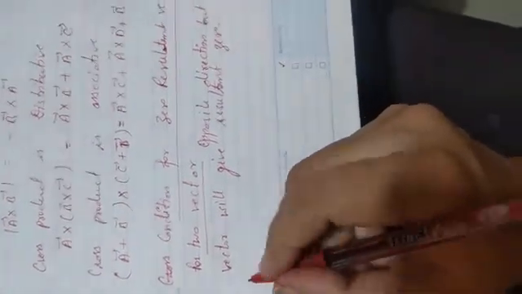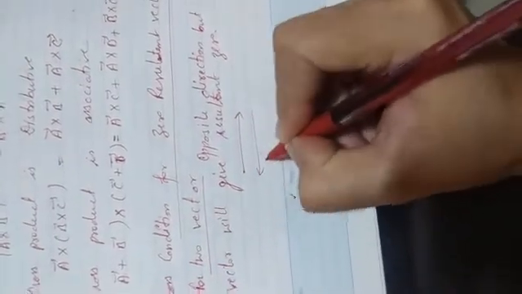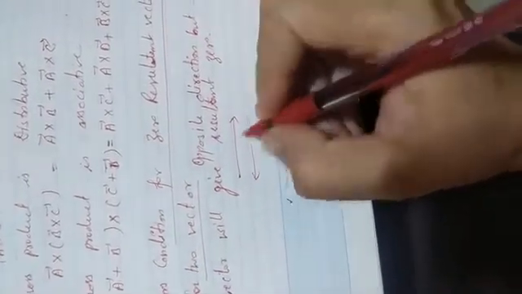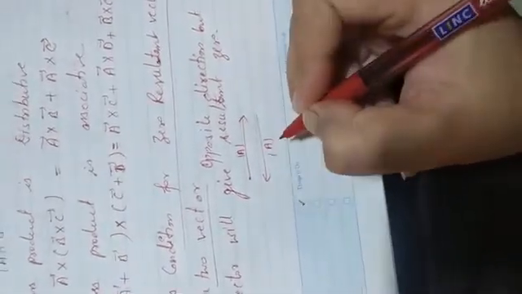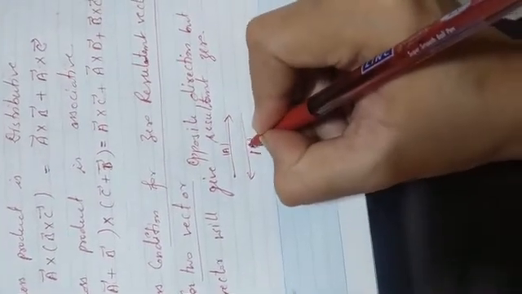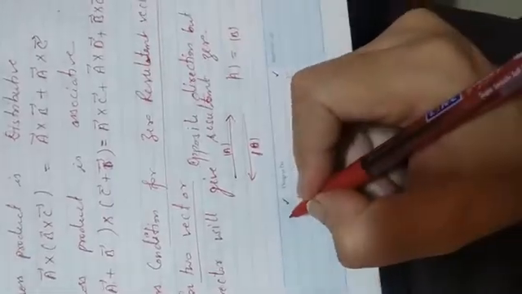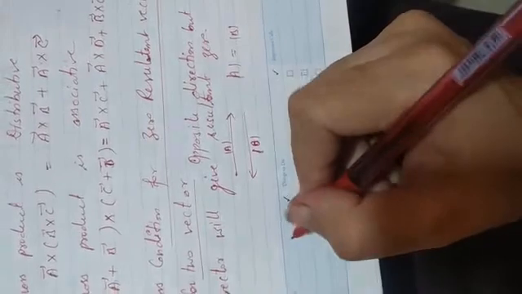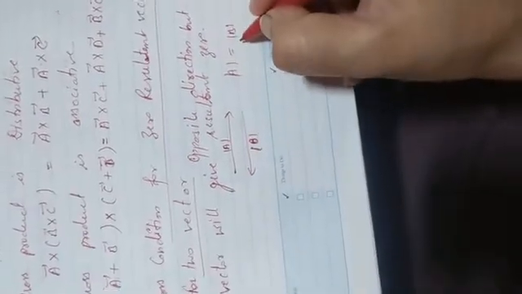If one vector is this one, the second vector is this one, and both have the same magnitude, here also the same magnitude, there B vector we are taking, if the magnitude of both vectors is the same, then we can say it is a 0 vector.